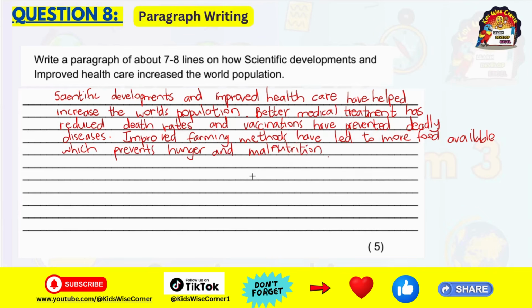With clean water and sanitation, fewer people die from infections.